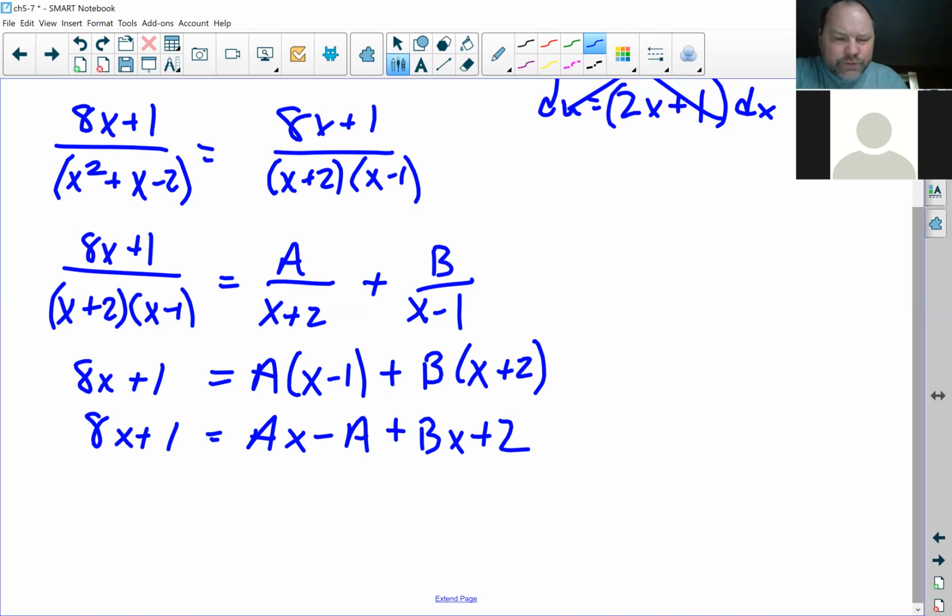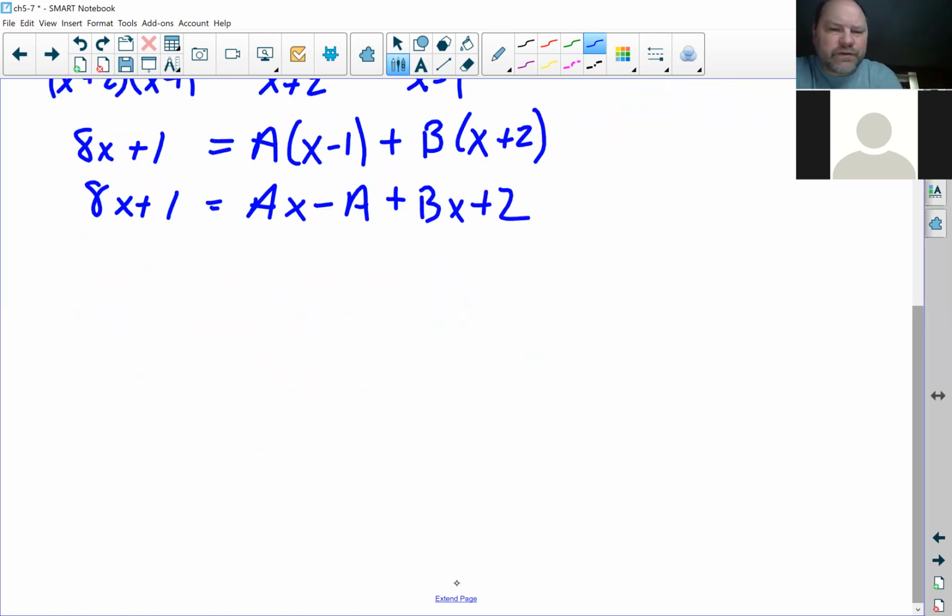And now what we're going to do is break apart this single equation to make two equations. I know this 8x, I have to be able to get that by combining ax and bx. So 8x has to be equal to ax plus bx.